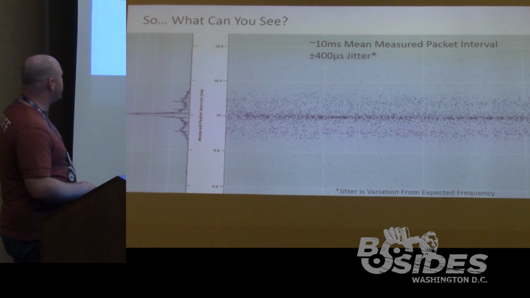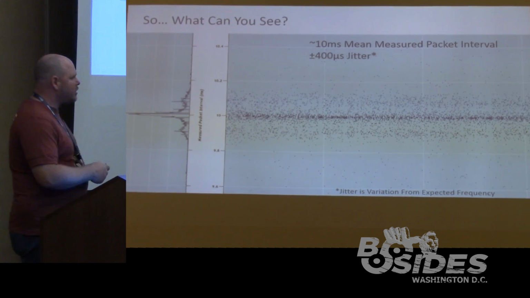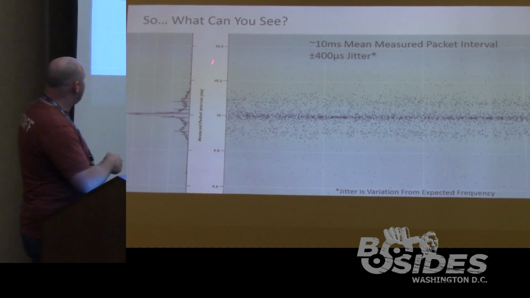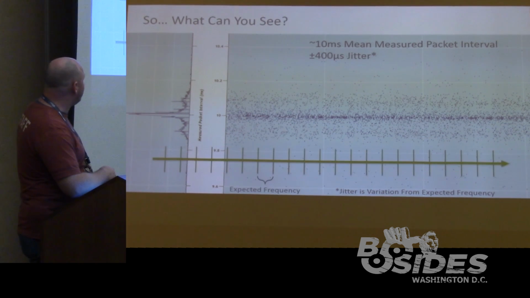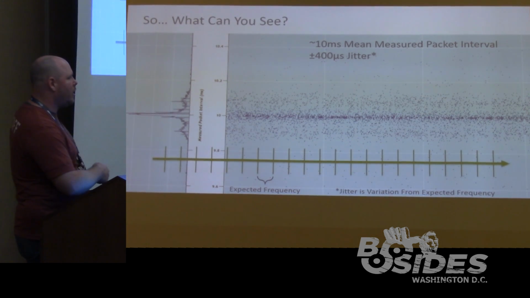Okay, so what does it actually look like? This is a graph of what's called measured packet interval, and you'll see this nice, clear line at around 10 milliseconds. What you're actually seeing is the deterministic frequency: every 10 milliseconds this device was transmitting a packet on the network, and it should happen at approximately 10 milliseconds.